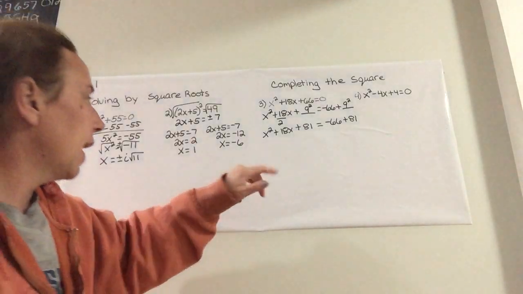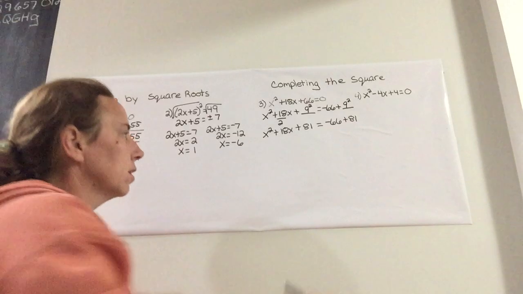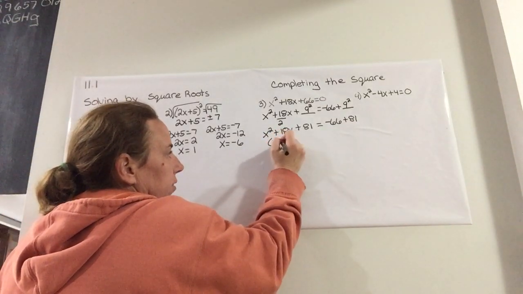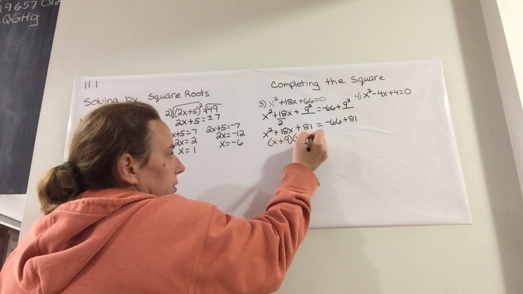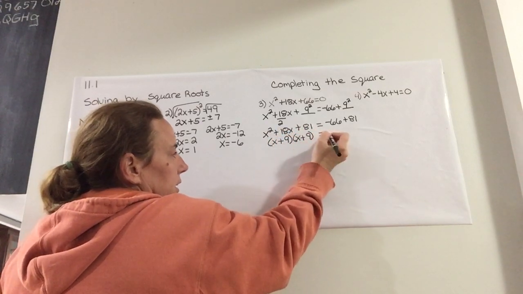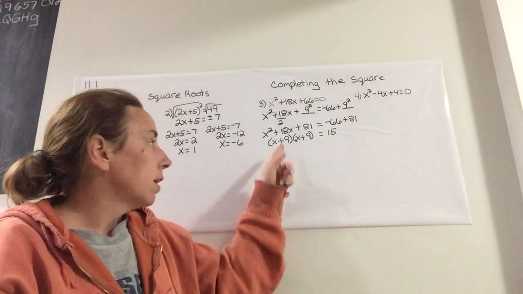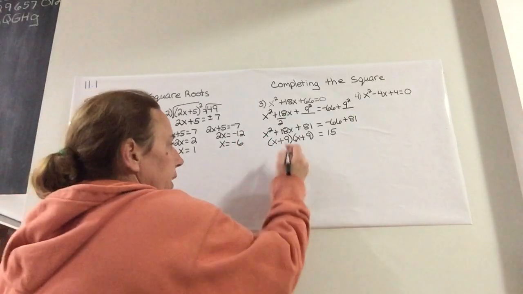So, now I'm going to factor this side. When I factor it, I get x plus 9, x plus 9 equals 15. Remember, if they're the same, we write it squared.